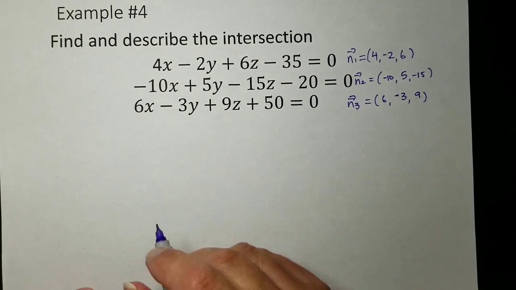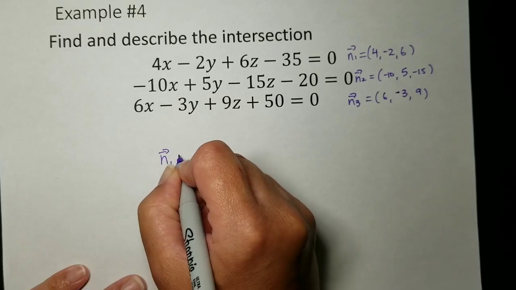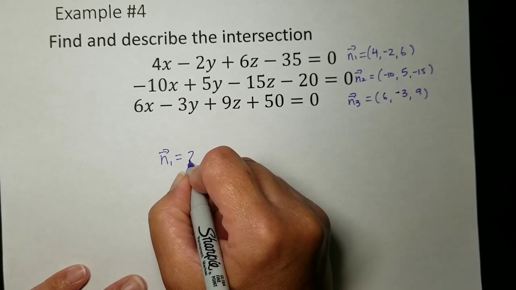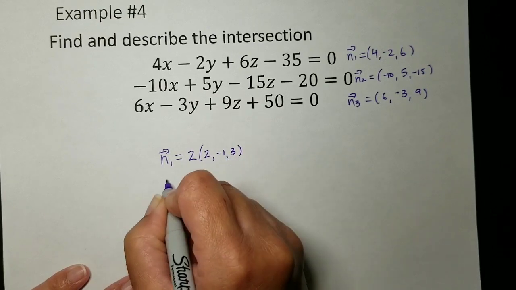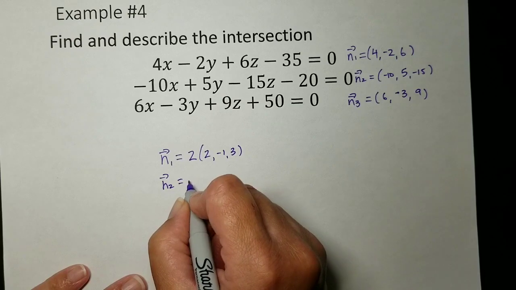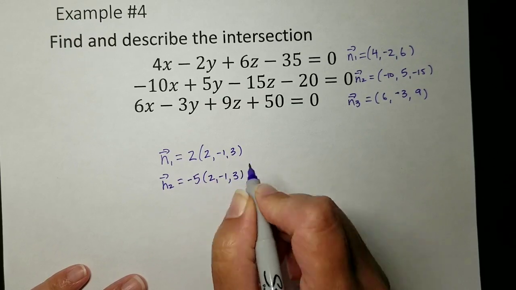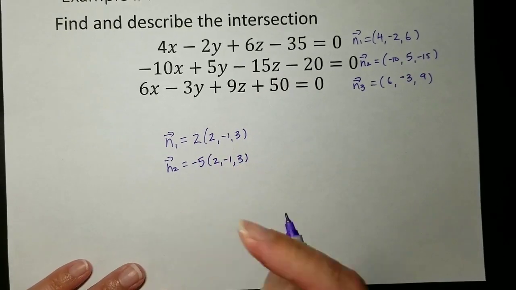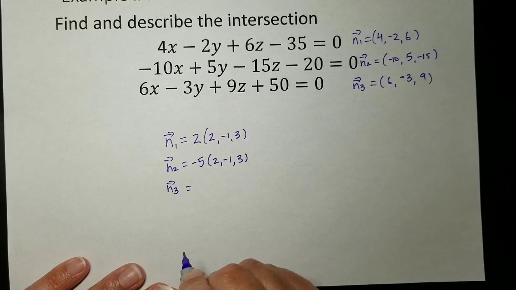So we could say n1 equals, I might say 2 times 2, negative 1, 3, n2 equals negative 5 times 2, negative 1, 3, looking at the lowest common multiple of these parallel vectors.